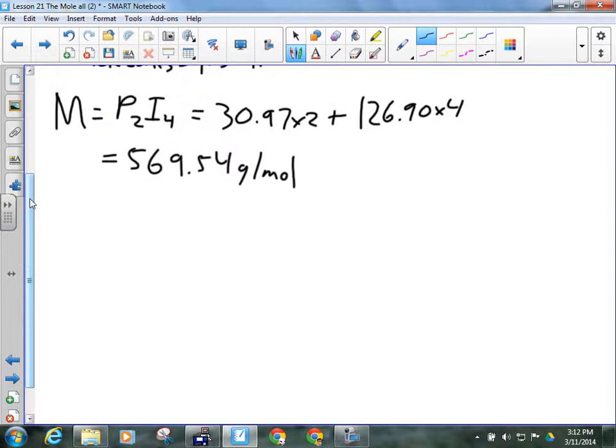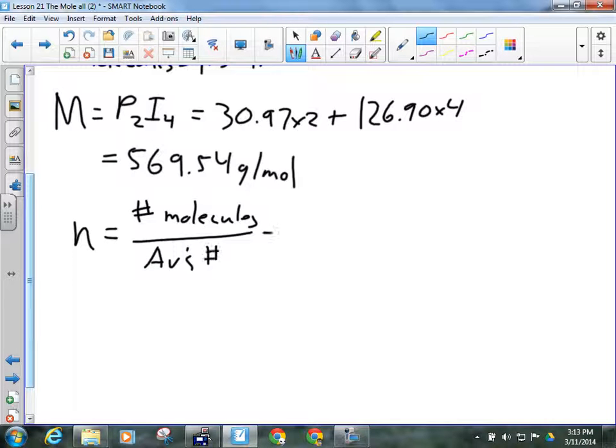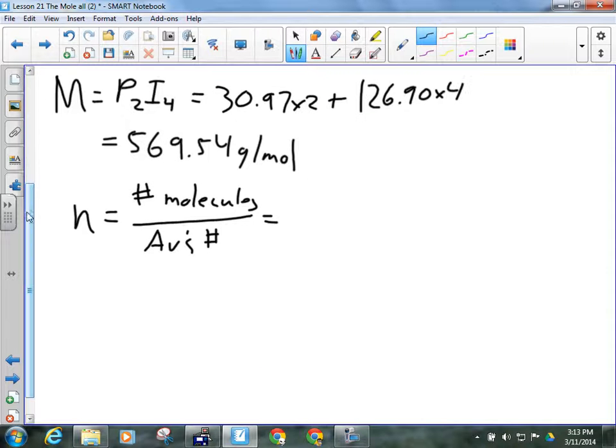So n is going to equal the number of molecules divided by Avogadro's number. In the case of this question, that's going to be 1.54 times 10 to the 25 over 6.02 times 10 to the 23.